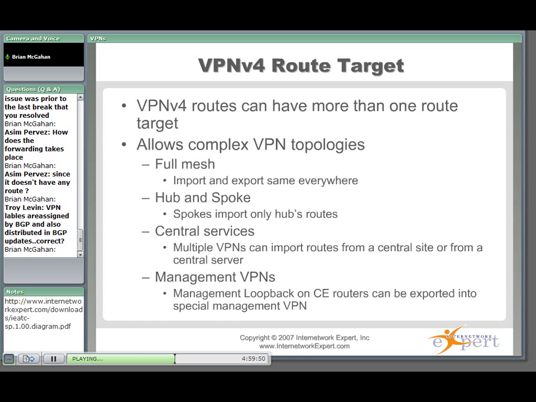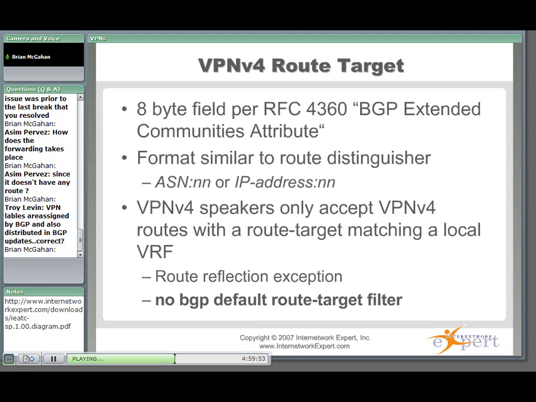Now, the way that the routes are controlled between the different VRFs is based on the BGP route target. And again, the route target is an extended community in BGP that uses either the AS number followed by colon and a locally significant number, or an IP address colon and then followed by a locally significant number.